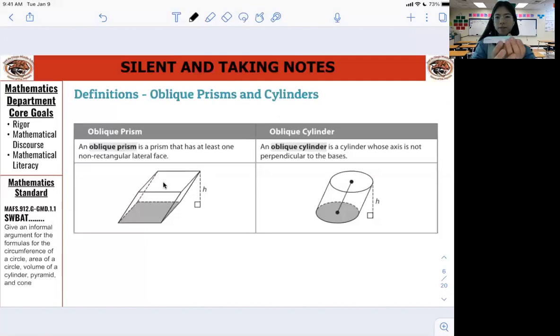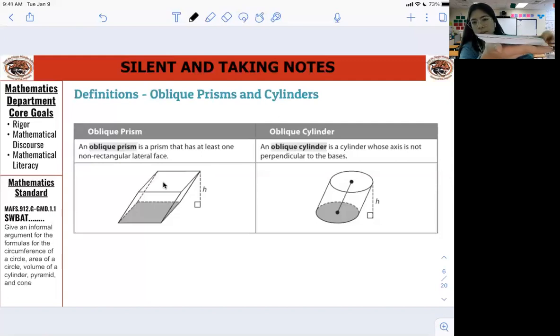And just think about this deck of cards. It has a volume, it has a length, it has a width, and it has a height. And I'm holding it in my hand. I'm just going to push it a little bit in this direction. So now it's kind of leaning over. You guys see that?